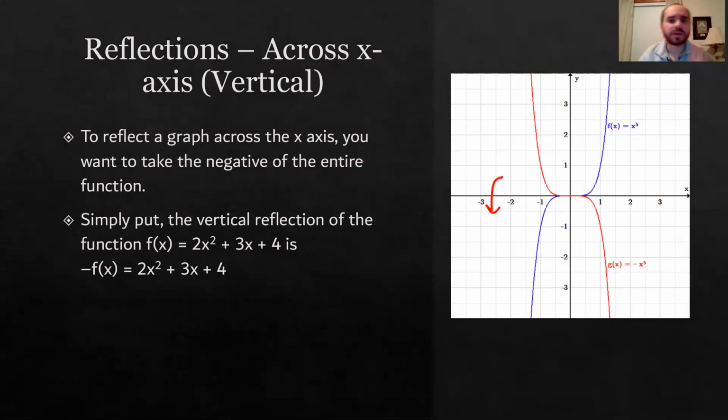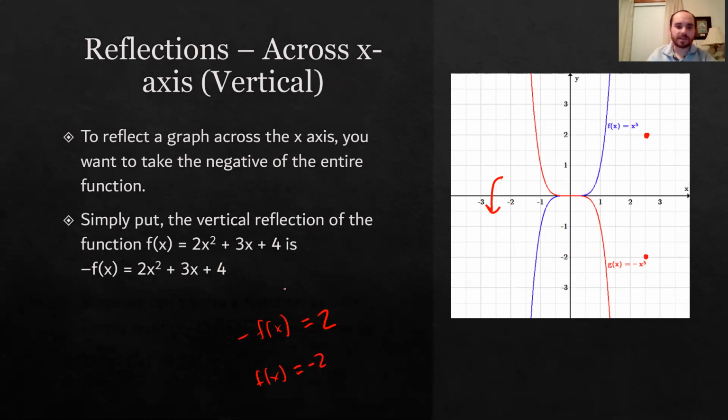But anyway, to reflect a graph across the x-axis, you want to take the negative of the entire function. So if we think about it this way, let's say in the original function, f of x equals 2, so the point is somewhere over here, right? If we make this negative, the negative version would be -2, and that is down here.